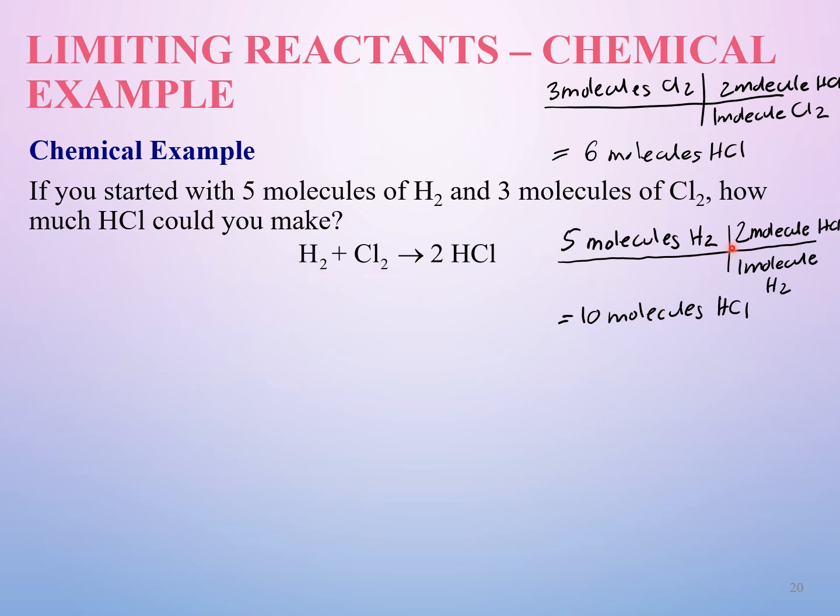So I know how much is left over of my hydrogen too. So this is my theoretical yield, which is 6 molecules, my limiting reactant, chlorine, my excess reactant, hydrogen gas, and I'll have 2 left over of hydrogen gas.